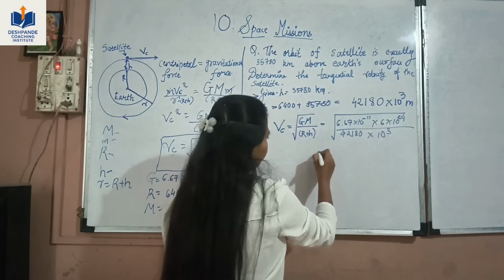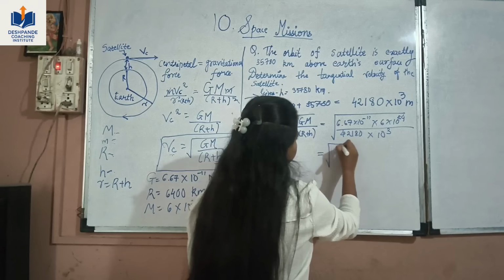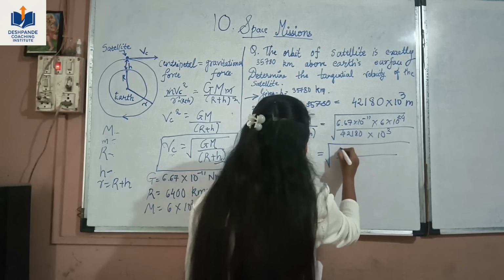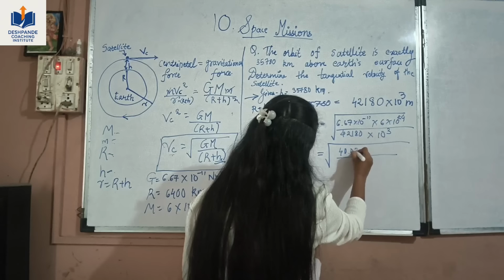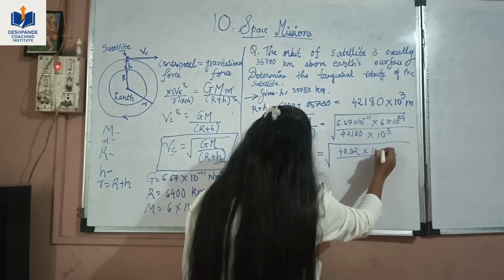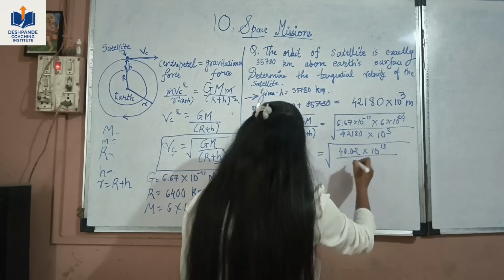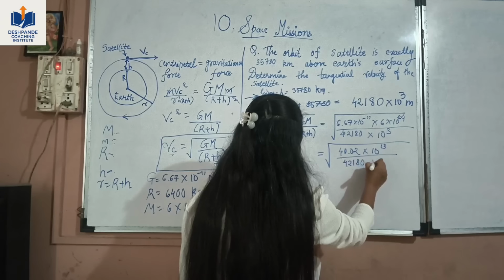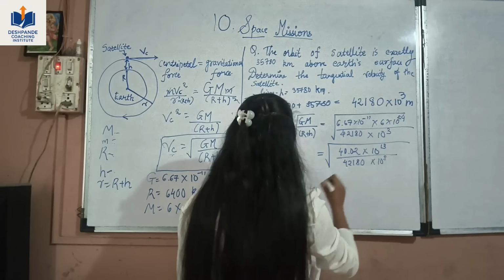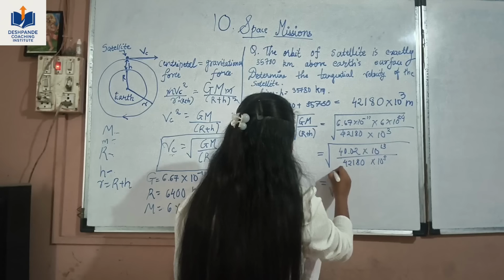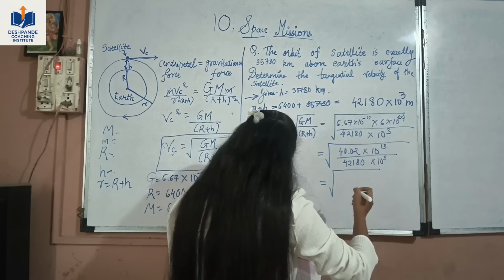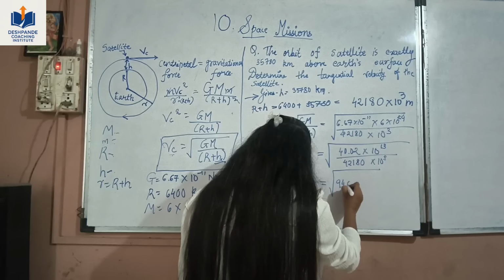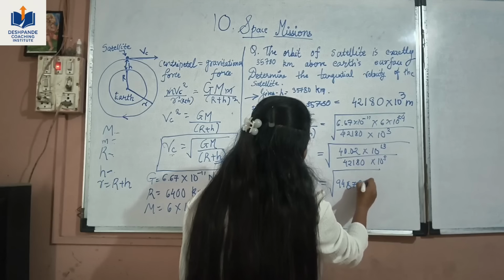So if we solve these values, we get something like this: 40.02 into 10 to the power 13 upon 42180 into 10 to the power 3, which comes to root of 9487909.